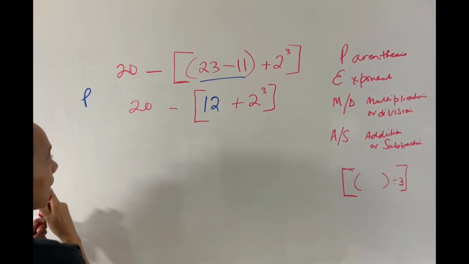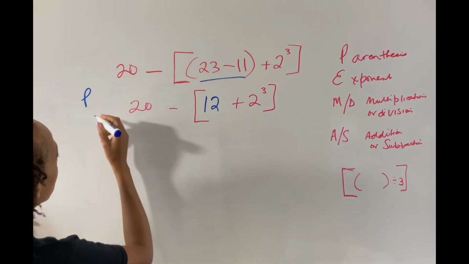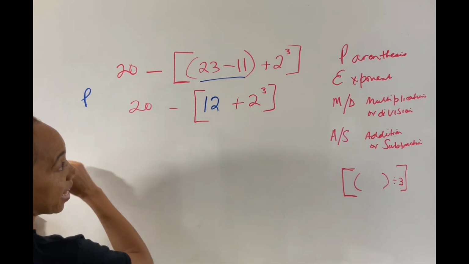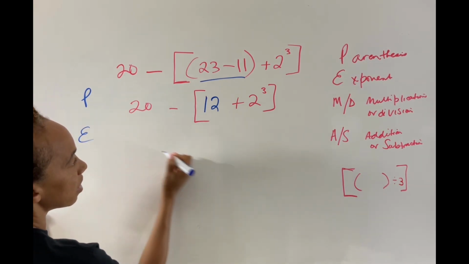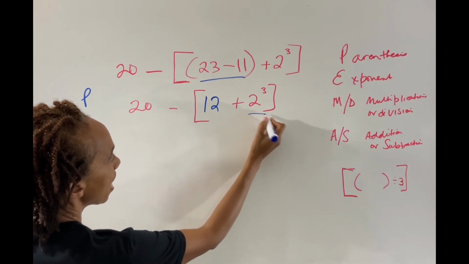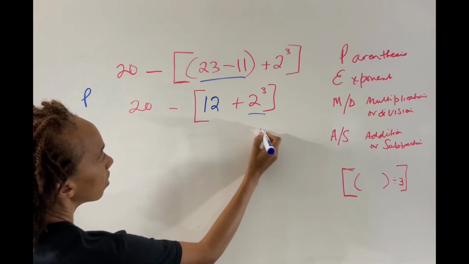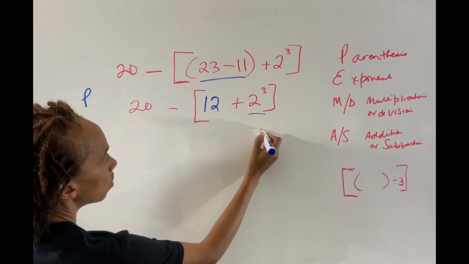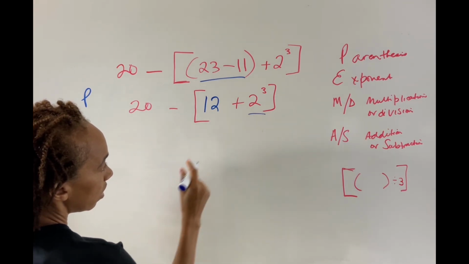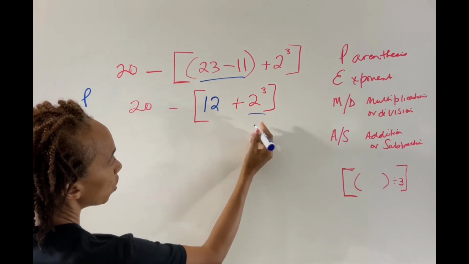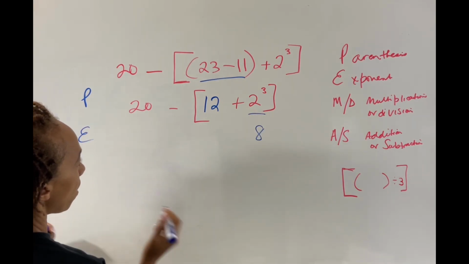The next rule is that we are going to look for the exponent, and the exponent here is this one. 2 to the third power is 8.